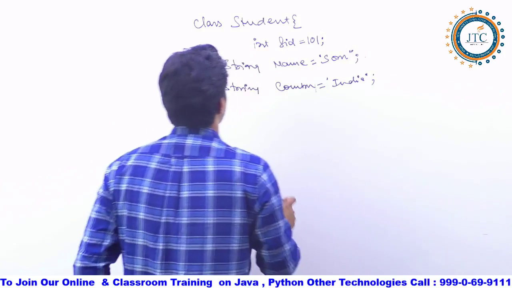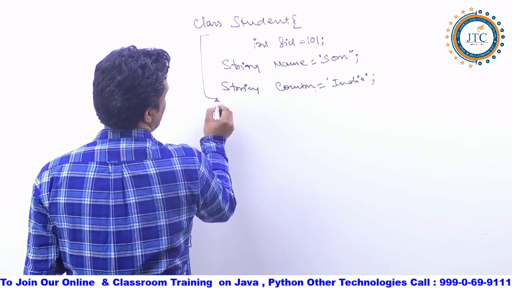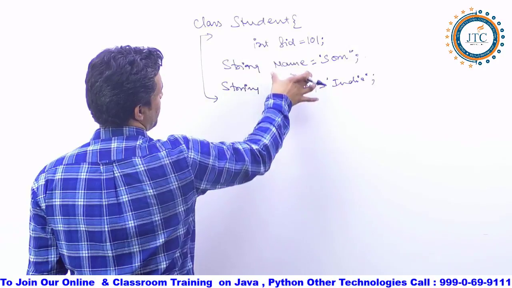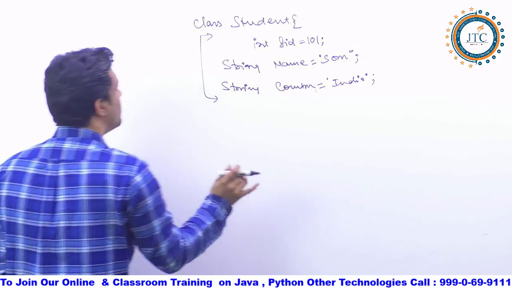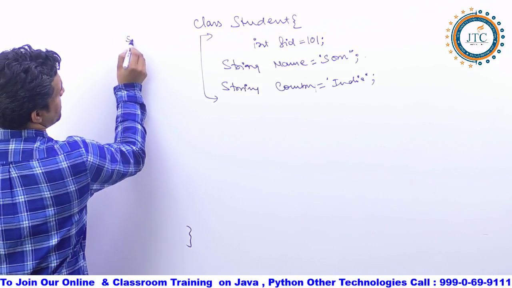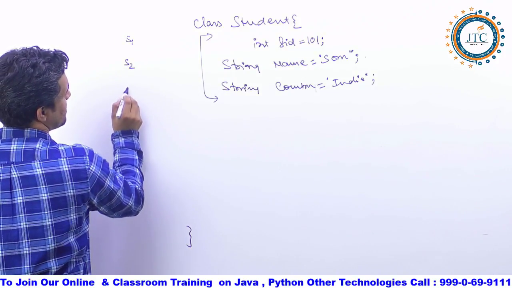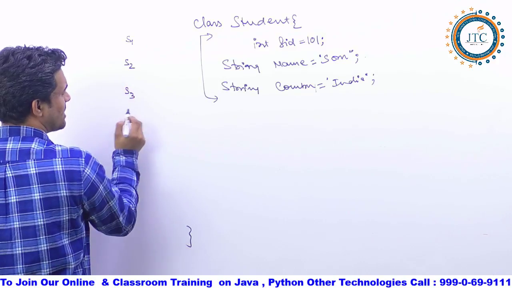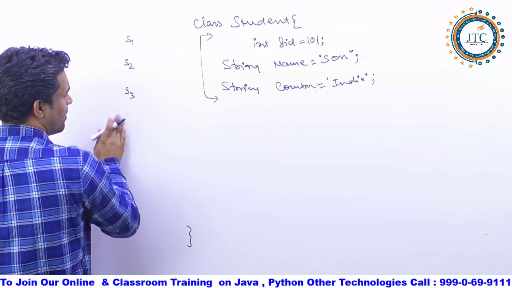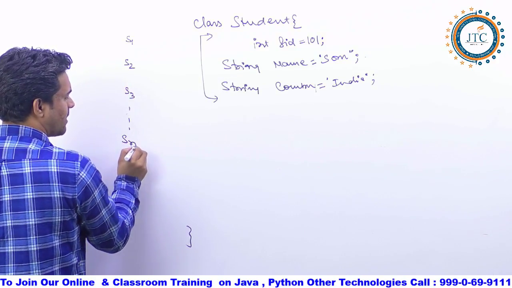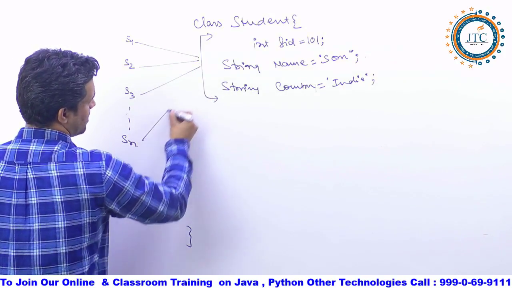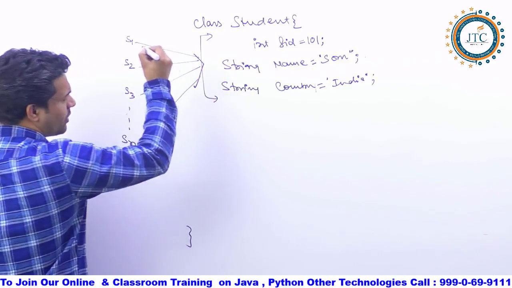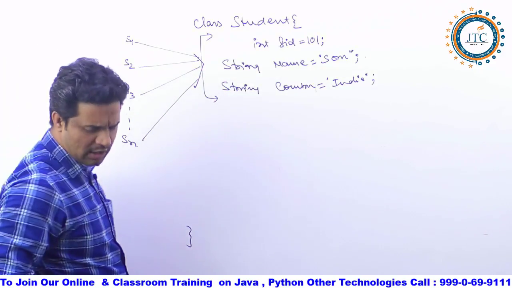Now just understand one thing about these variables whatever we have. Suppose there are different objects we are creating, or different instances we have created, S1, S2, S3, let's say till Sn. In all of these cases, is it not going to have the same value for all these fields?